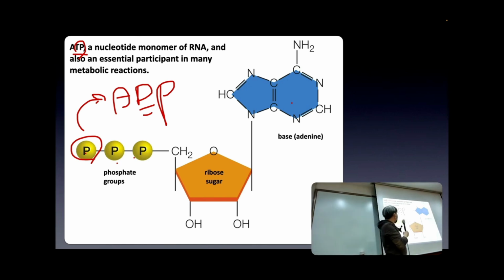So this is ATP, the energy. It's so marvelous that no matter who you are, whether you're a virus, bacteria, human, or plant, everybody uses this ATP as energy currency. That's an amazing thing.